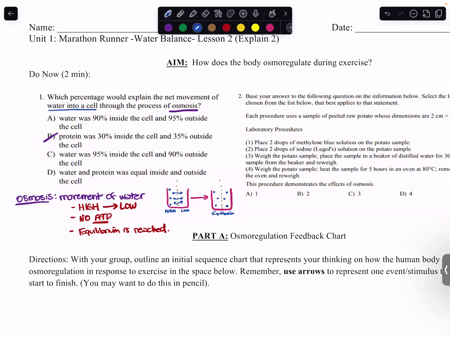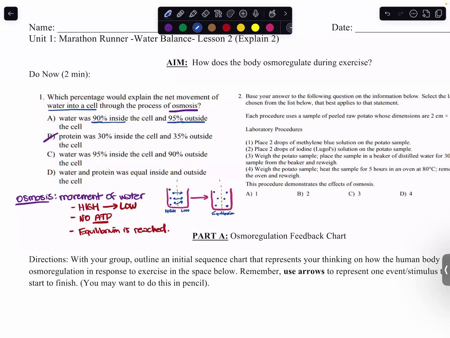So that means that naturally I have to have a higher percentage outside of the cell in order for water to naturally move into the cell. Is that what letter A is describing? It actually is. Water was 90% inside the cell and 95% outside of the cell. 95 is a higher percentage than 90, and 95% outside is higher than 90% inside, so water is going to naturally move into the cell.